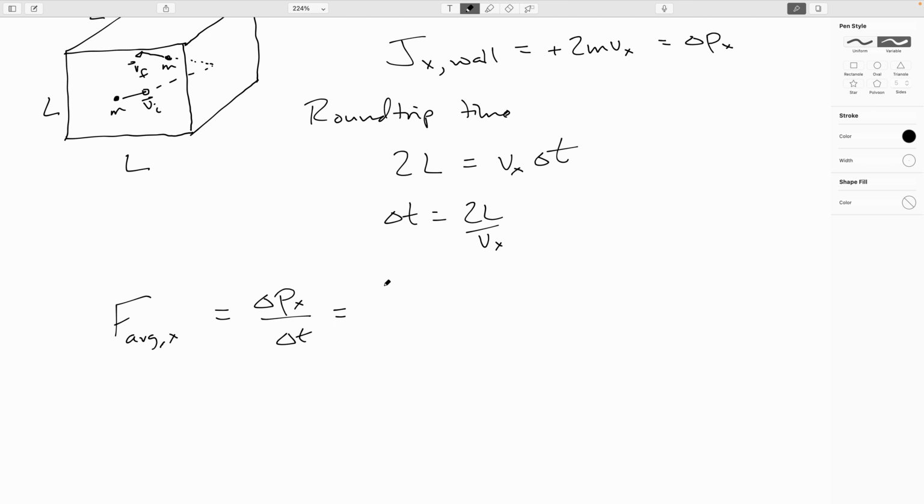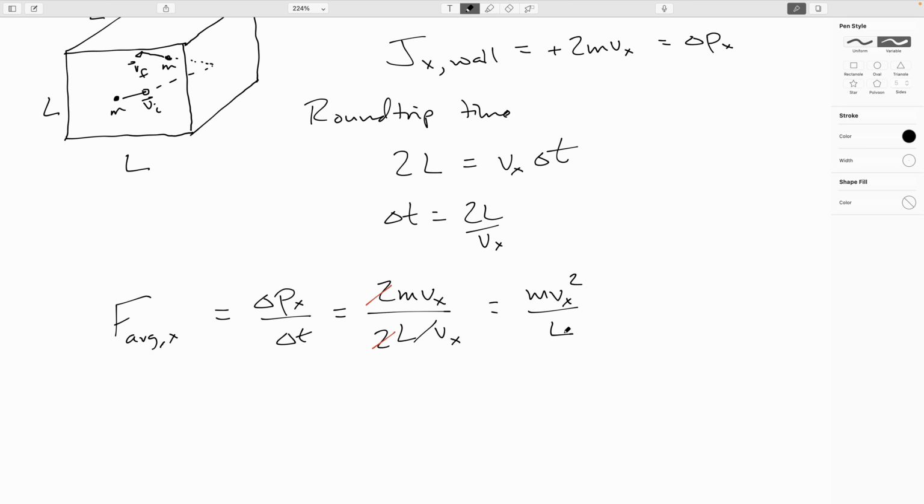It's 2mv sub x. And we can put in our round trip time. That'll be 2L over v sub x. All right, so first small favor is the 2's cancel. That's good. And then we can rearrange this and get mv sub x squared over L.